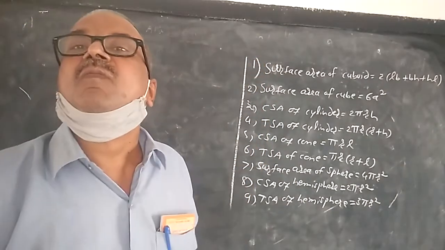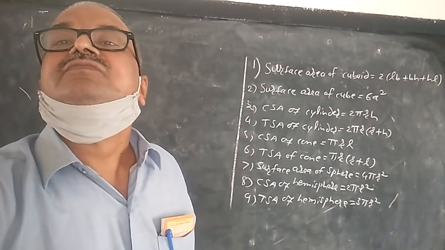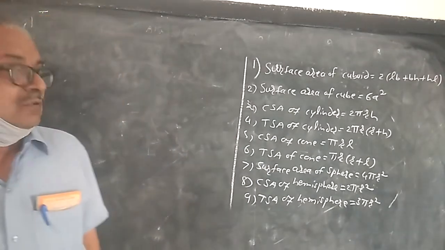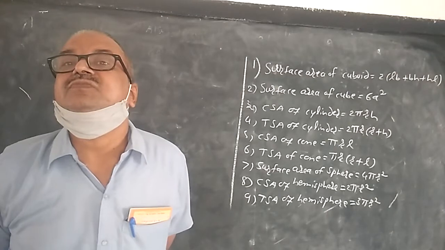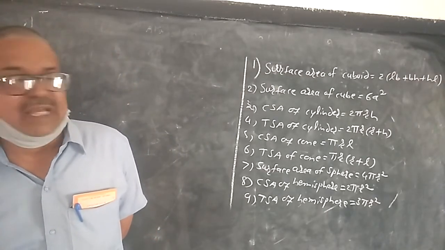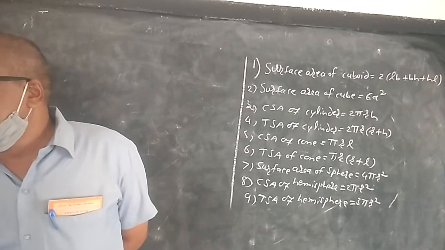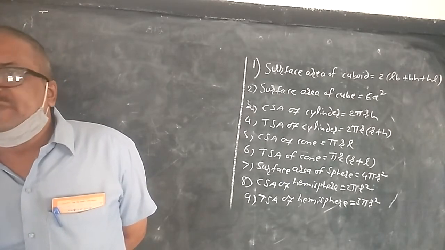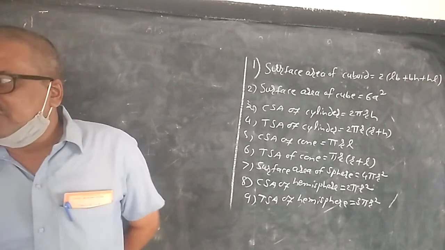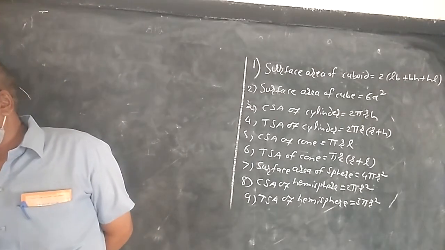So we use this formula to calculate surface area of combination of 2 or 3 figures.